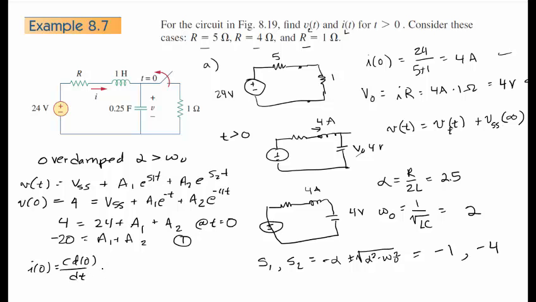That's our other initial condition, and we know that that equals 4 amps, and therefore dV/dt at time equals 0 equals I at time equals 0 divided by C, which equals 4 divided by 0.25, which equals 16 volts per second. So now we have our two equations and two unknowns.